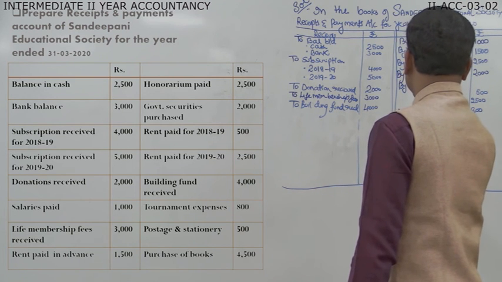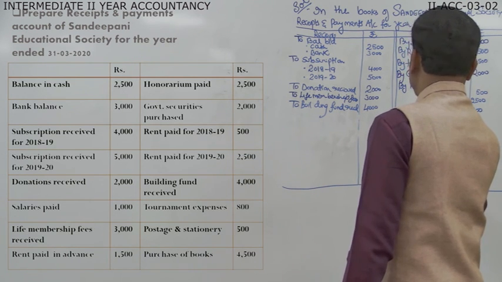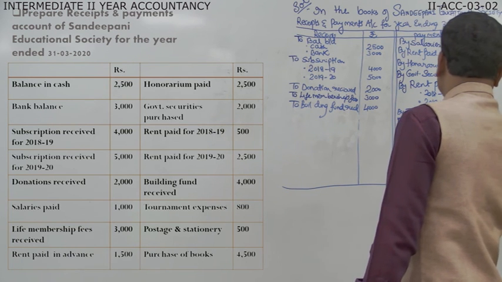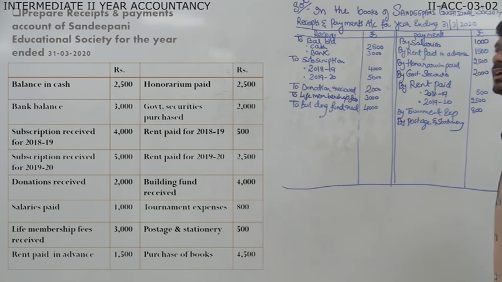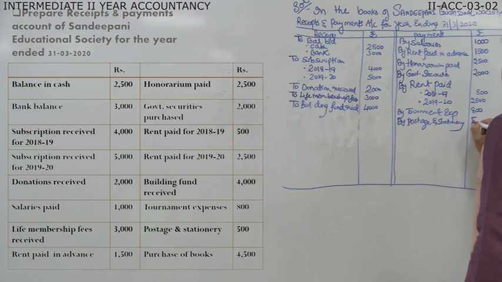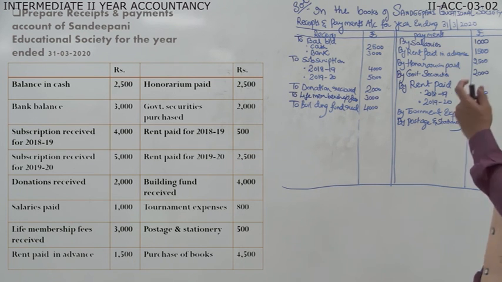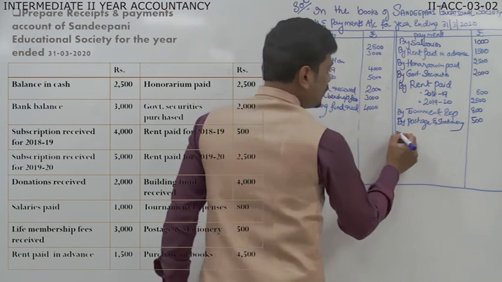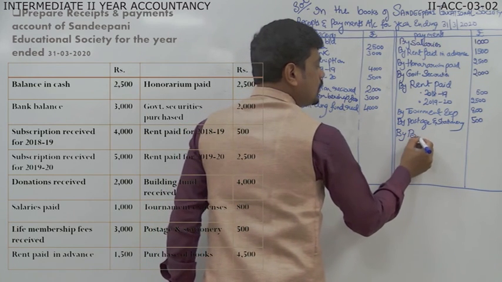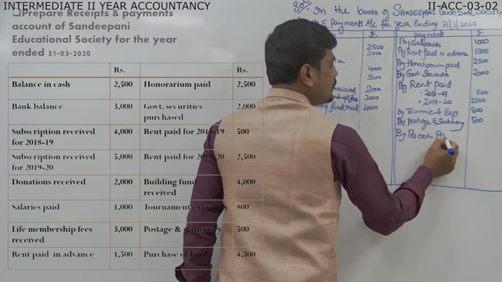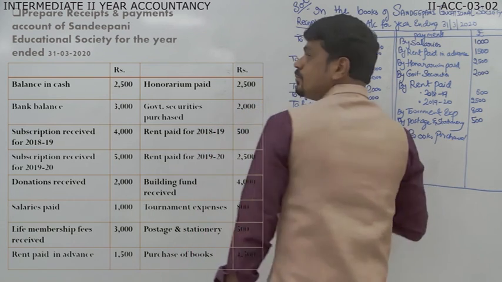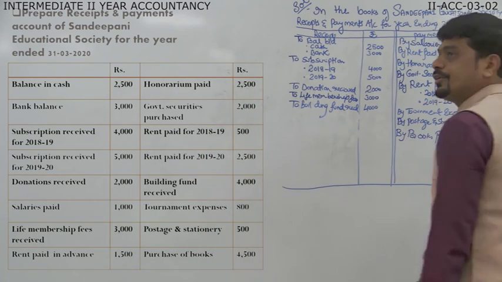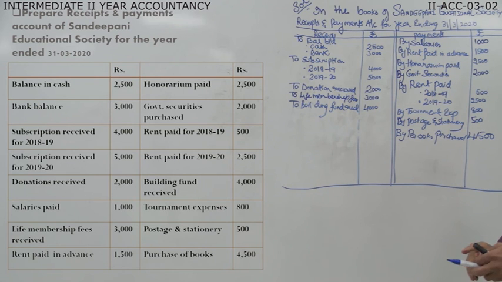By postage and stationery, they gave 500. And then they gave us purchase of books, which is again a payment. So by books purchased, 4,500. All the postings are over.